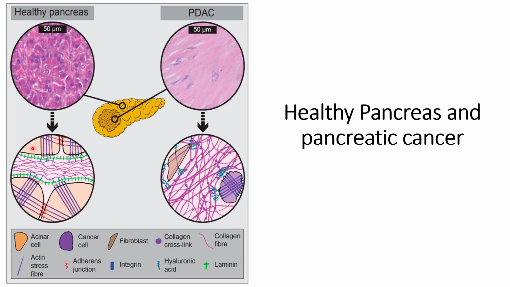So these are the cells here, the four cells are shown. Laminin plays a role towards interacting with the cells, and the adhesion junctions help in the interactions of the two cells. Whereas since the pancreatic cancer cells directly interact with the ECM, the ECM helps in the coordination of the movement of the pancreatic cancer cells. Whereas in the case of healthy pancreas, it's the laminin and adhesion junctions that more predominantly play the role towards cell movement.